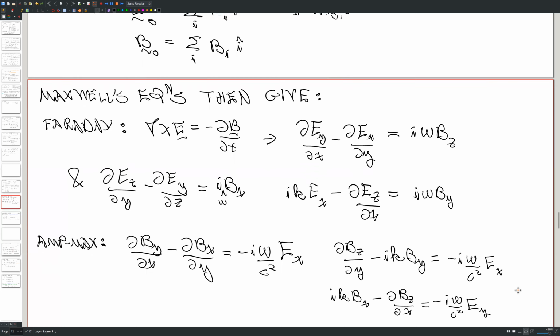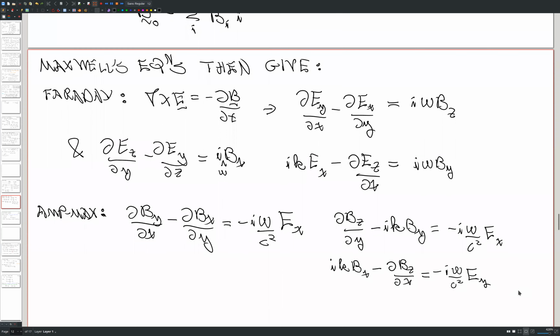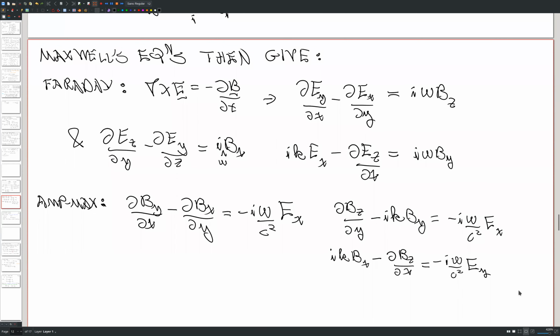So these are essentially the solution. The other two Maxwell equations are automatically fulfilled, I guess we'll get back to those a bit later. So for now, we just make a start with Faraday and Ampère-Maxwell. So this is really just an equation now for the 6 coefficients, E_x, E_y, E_z and B_x, B_y, B_z, given a certain k.